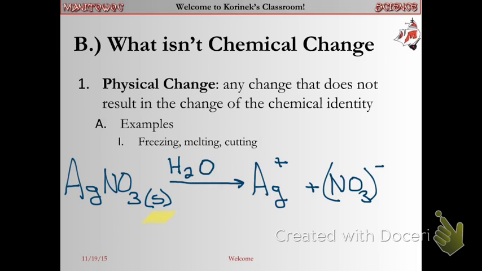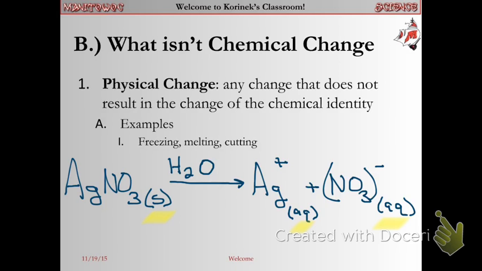Both of these ions are said to be in solution, and the way we tell the reader that is by using a subscript labeled AQ. AQ means aqueous, and if something is aqueous, that means it's dissolved in water.